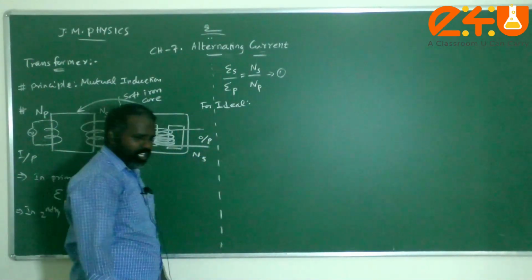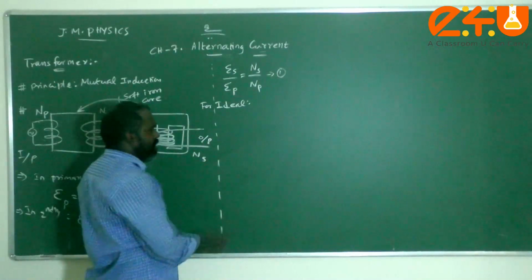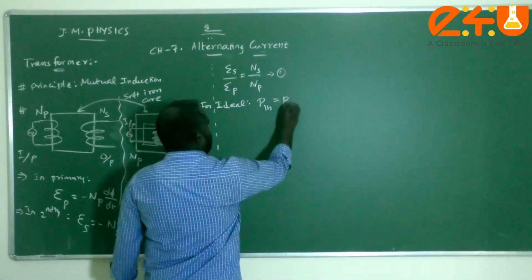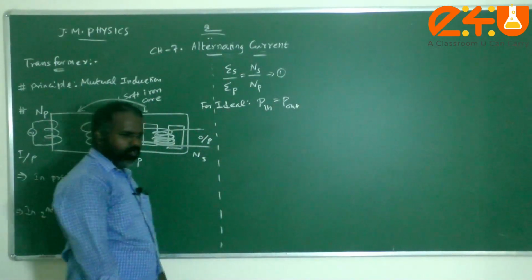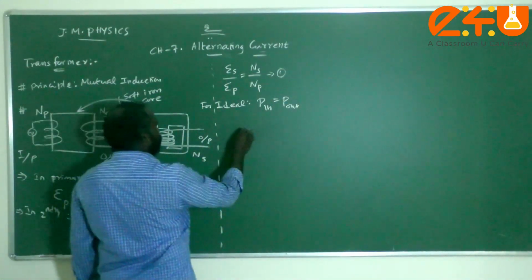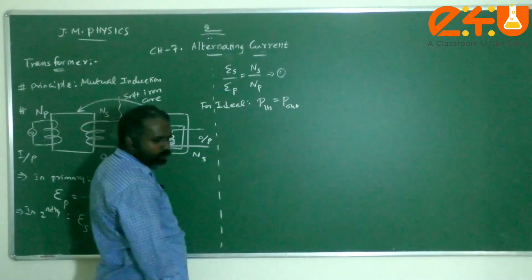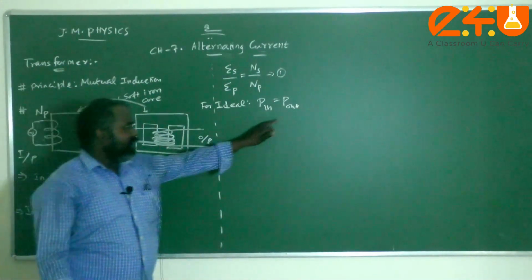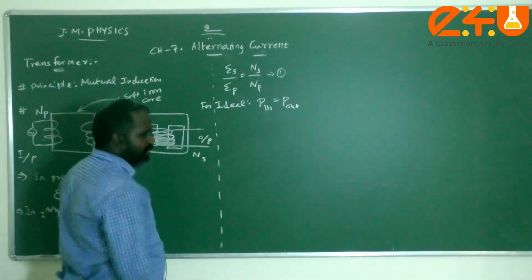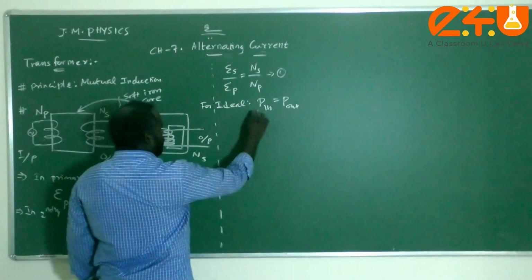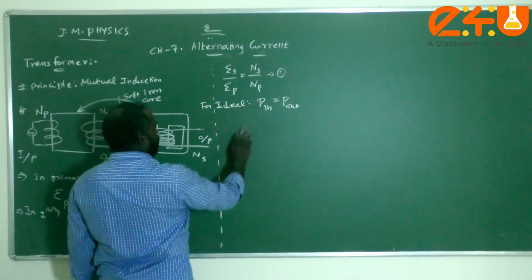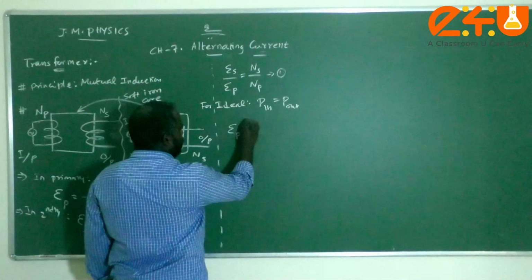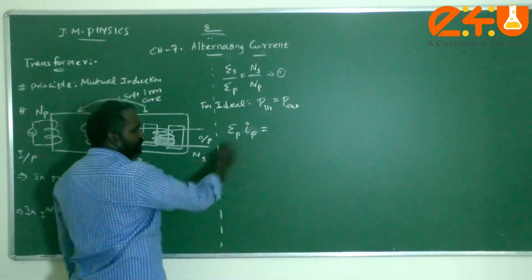For an ideal transformer, where there is no power loss, input power is equal to output power. From the electric power formula, power is voltage into current. The input part is the primary, and the output part is the secondary. So the primary or input power is EP into IP, primary voltage and current.